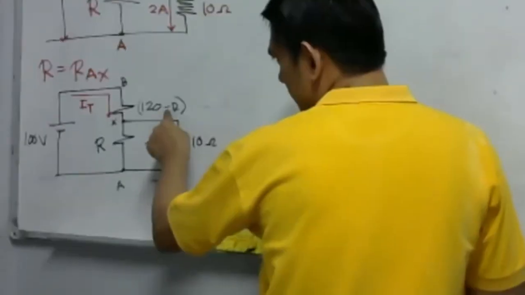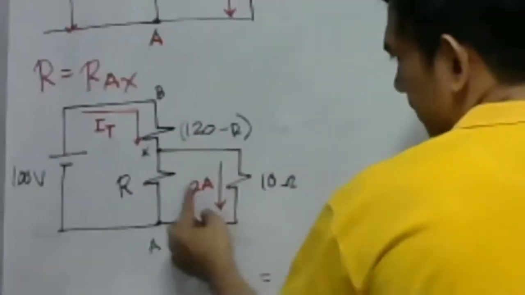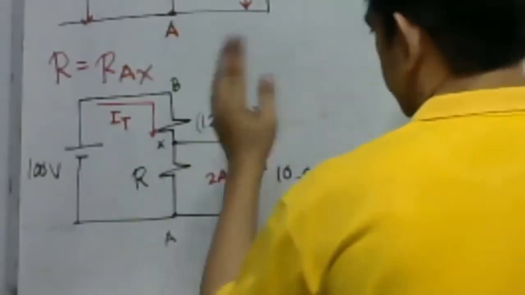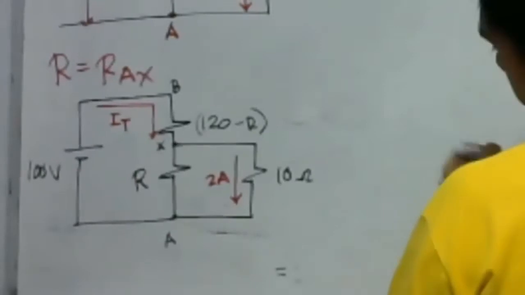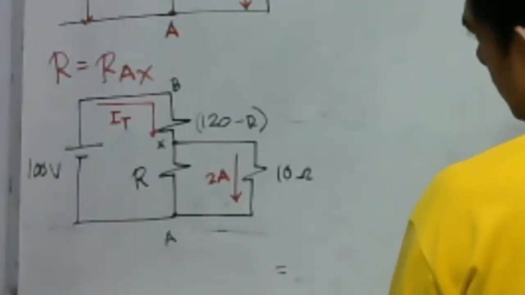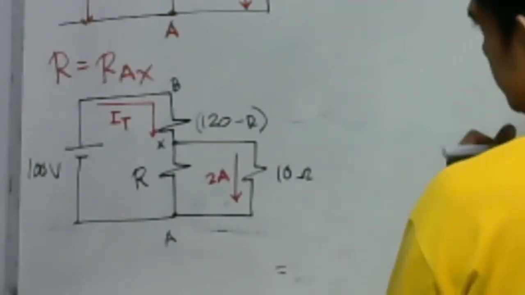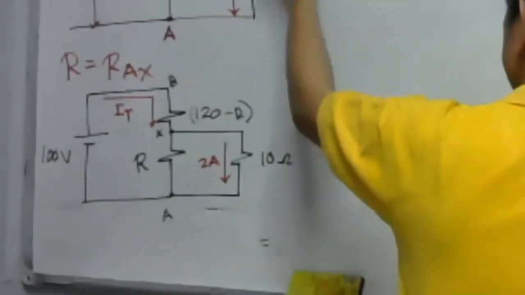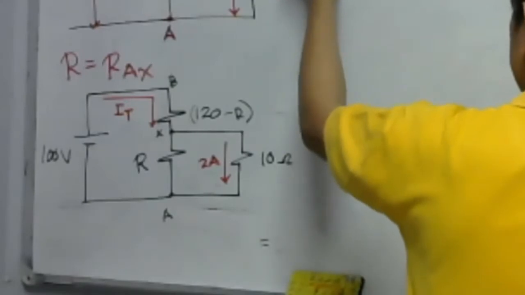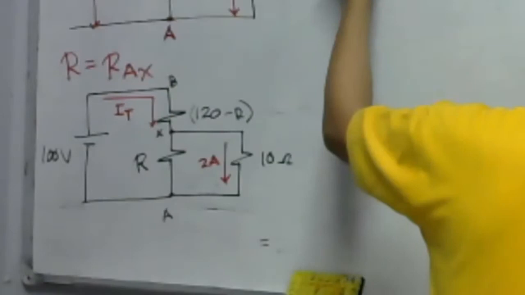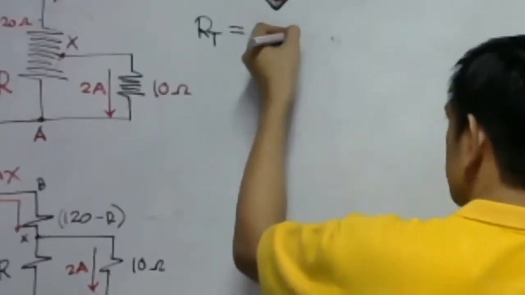We have 120 minus R that will be in series with the parallel combination. Okay. Let us get our total resistance here. What is our total resistance? We have this 120 minus R.